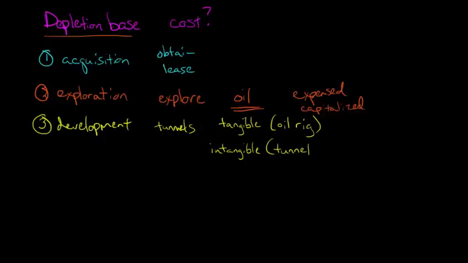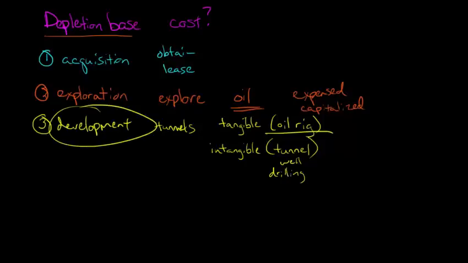You can be inside a tunnel, but it's not really a tangible asset in the same way an oil rig is. So we can think of something like a tunnel, a well that's built, the actual drilling itself, right? It costs money to actually do the drilling, and that's not really a tangible. That's not something you touch. So those are all development costs.